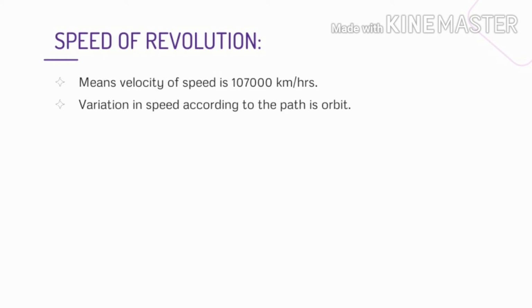But there is some variation according to the path of the orbit. When the Earth is at the position of perihelion, the speed is greatest, and when it is at aphelion, farther away from the Sun, the speed of revolution is the least.